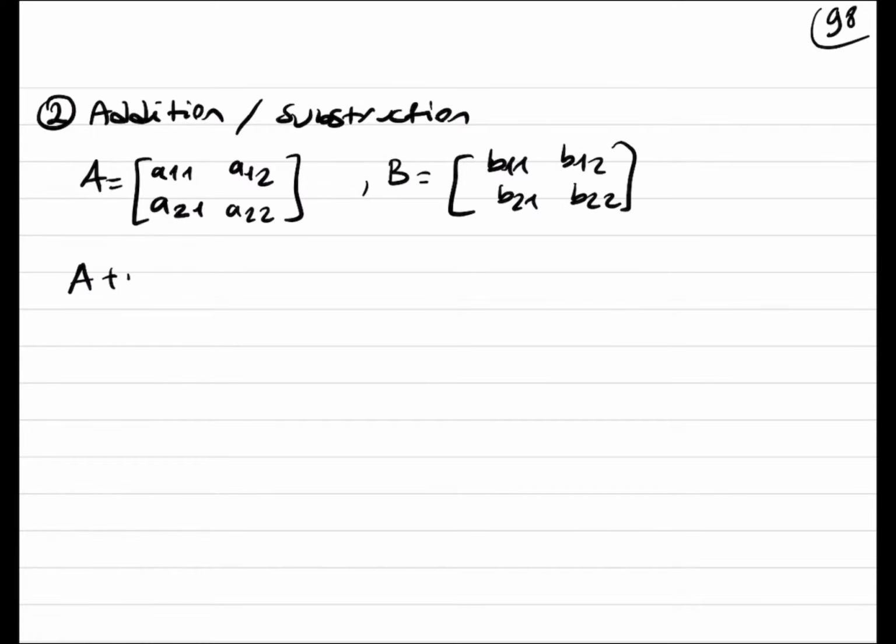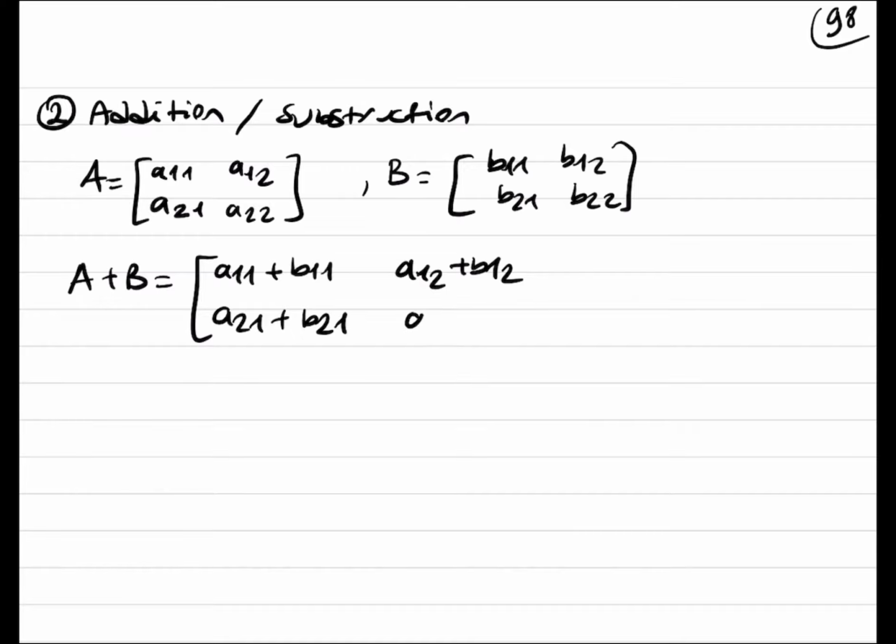When we write A plus B, we add the corresponding entries: a11 plus b11, a12 plus b12, a21 plus b21, a22 plus b22. Subtraction is similar: we subtract the terms.